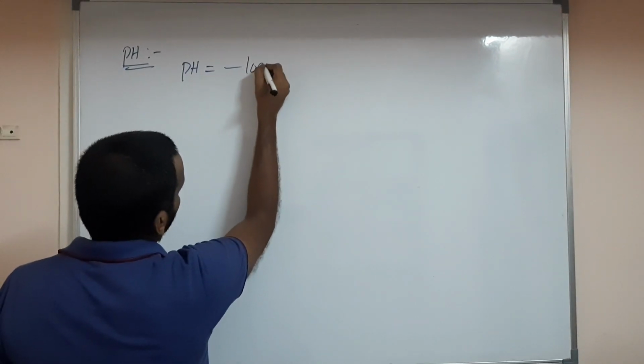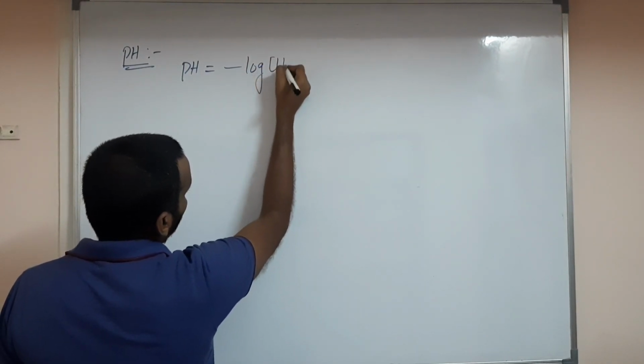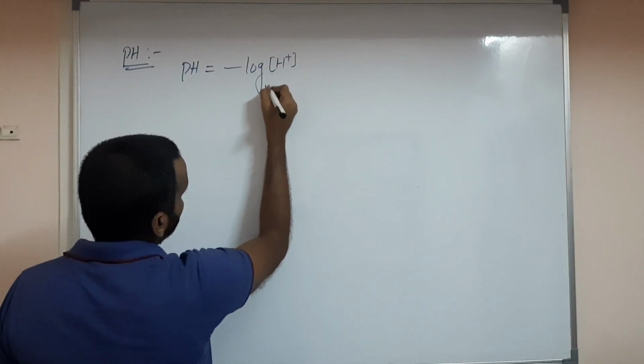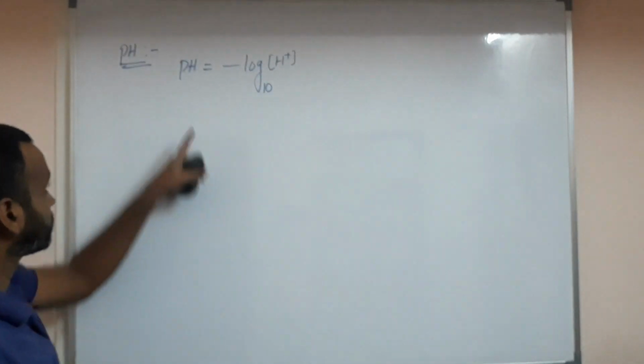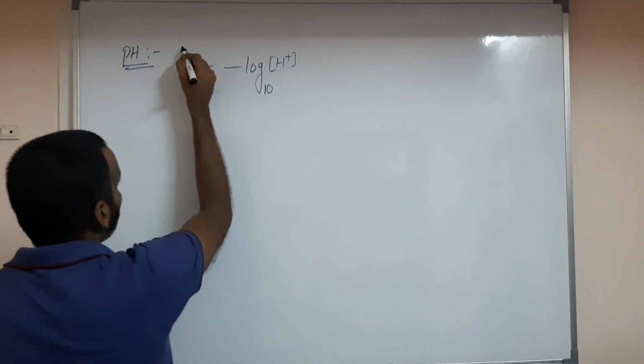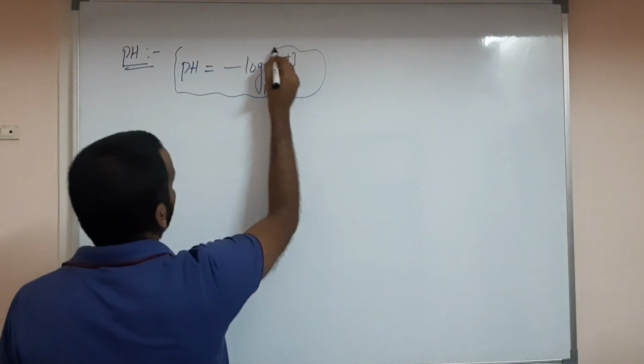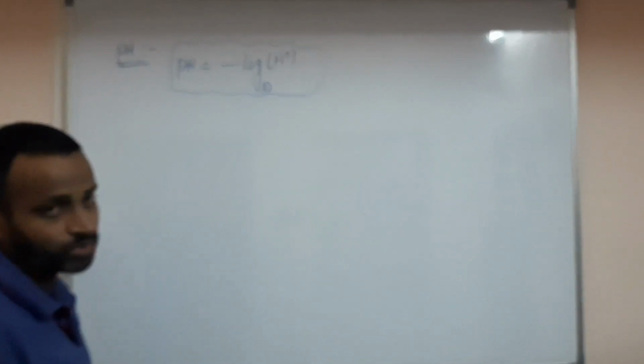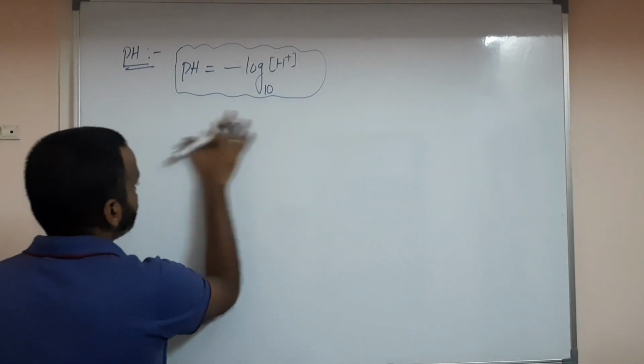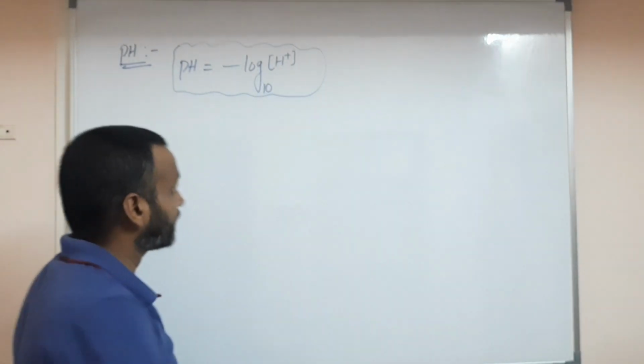The pH definition: pH is the negative logarithmic value of the concentration of H plus to the base 10. pH equals minus log concentration of H plus to the base 10. This is pH. Got it clearly?